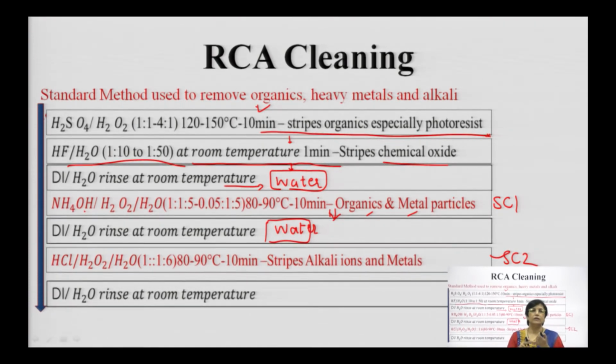First, the H2SO4 is being used, which is used in the Piranha cleaning. Then we use hydrofluoric acid to neutralize all the impacts and drive away all the contaminants. Then clean with water. SC1 we use, clean with water. SC2 we use, clean with water, and this entire method is basically RCA cleaning.